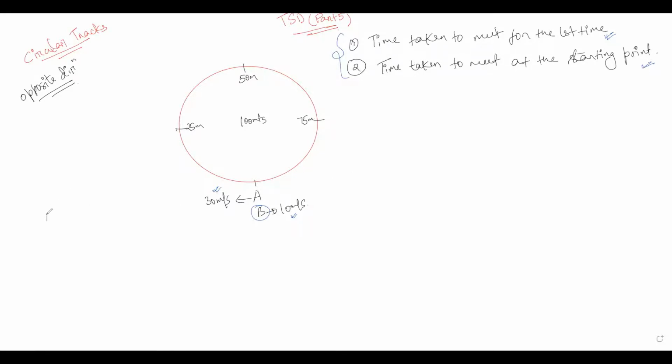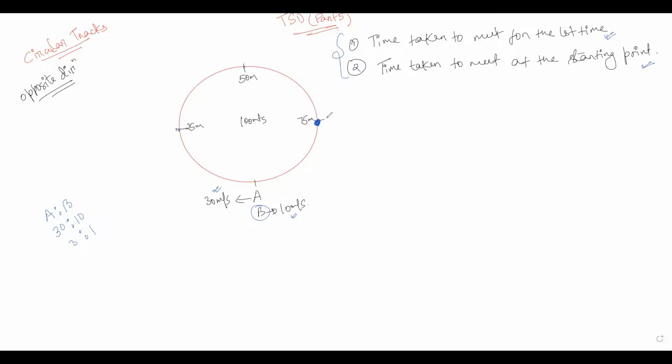So here again, the ratio of the speeds of A and B would be 3:1. So when A travels 3 parts of the distance in the same time, B would be traveling 1 part of the distance. So when A would be traveling 1, 2, 3 parts of the distance, B would be traveling 1 part of the distance.